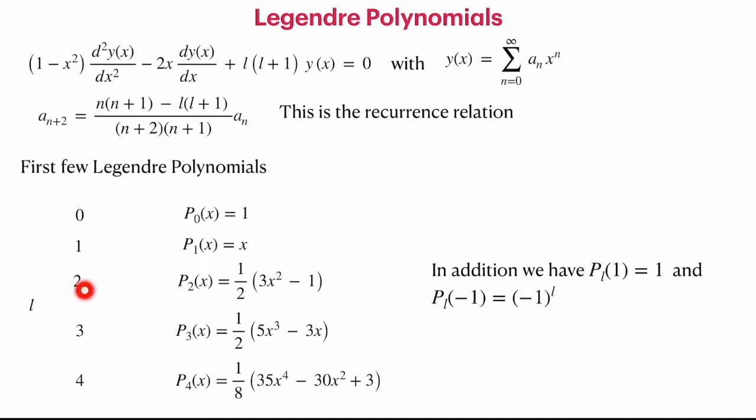For L equal to 2, P2 of x is equal to 1 by 2 into (3x squared minus 1). All this we can simply get by using this recurrence relation, assuming the value a0 is equal to 1, a1 is equal to 1. We have also seen that using this recurrence relation, even and odd functions get decoupled.